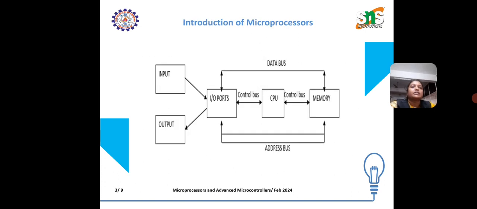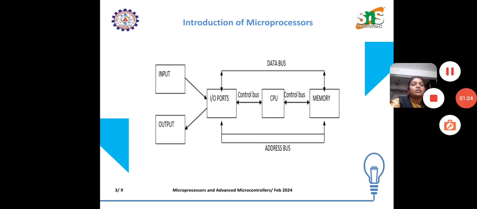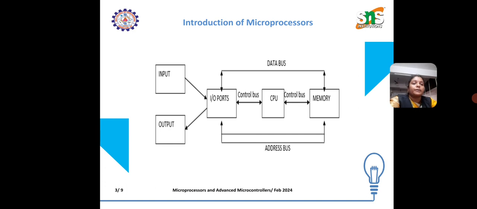These are the major components of a computer: input, central processing unit, and output. The input and output units are connected through ports, and inside the CPU, the ALU is the main block, along with the memory.